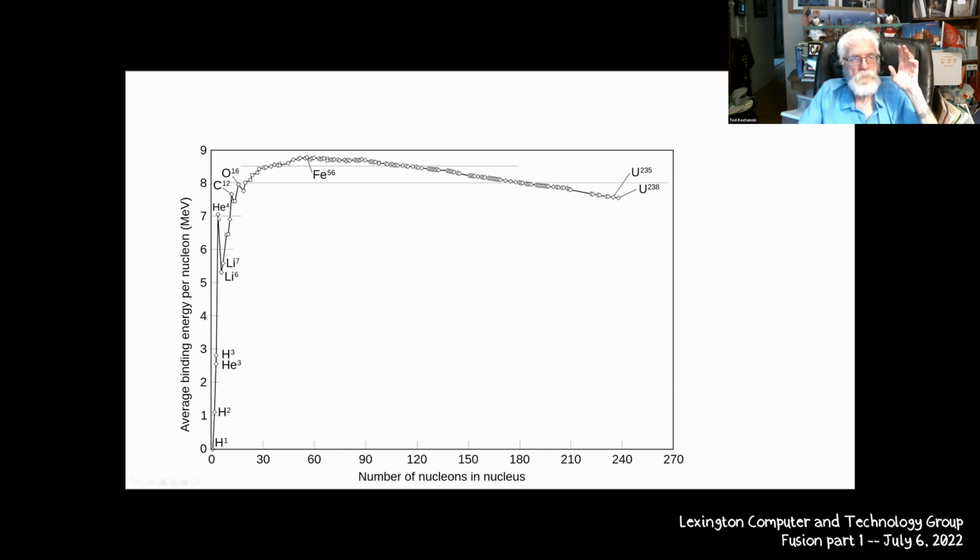Okay, so at this point, you start to hit carbon and oxygen, and you're still going up in energy per nucleon, but it's dropping off. You're piling on more and more neutrons, and they're sort of making this thing stick together better without needing nearly as much to overcome the electrostatic repulsion.